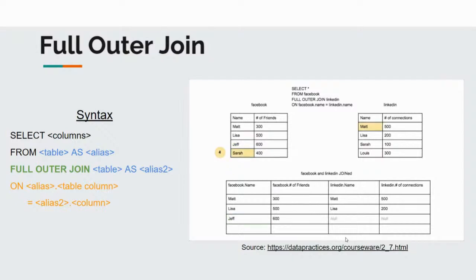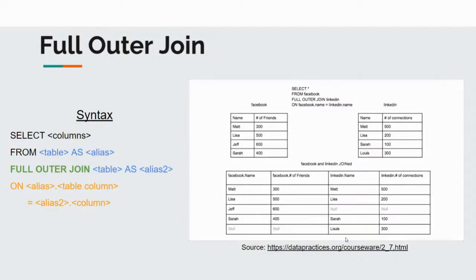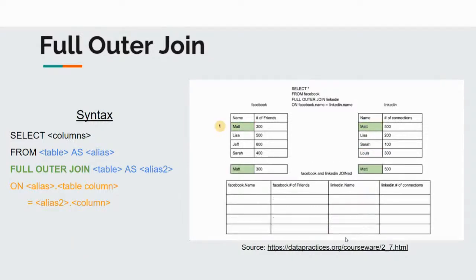I use full outer joins the most when I'm trying to figure out which records from both tables match or don't match. That can provide some important information. Oftentimes, it can be a data quality issue.